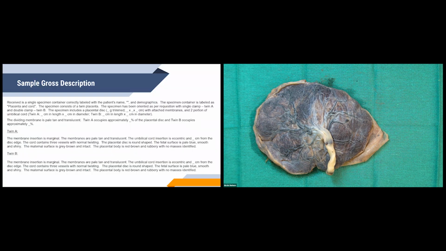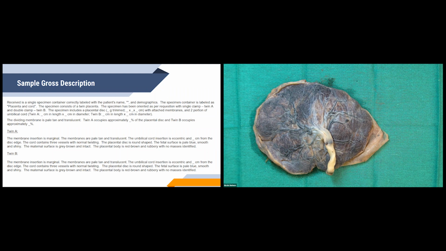And here is a sample gross description of a twin placenta. I'd want to say what the specimen consists of. For a twin placenta, I'd say that the specimen has been oriented as per requisition with single clamp twin A and double clamp twin B. If the requisition has no orientation given, then you will arbitrarily designate one half as twin A and one half as twin B. Then I'll talk about what the specimen includes.